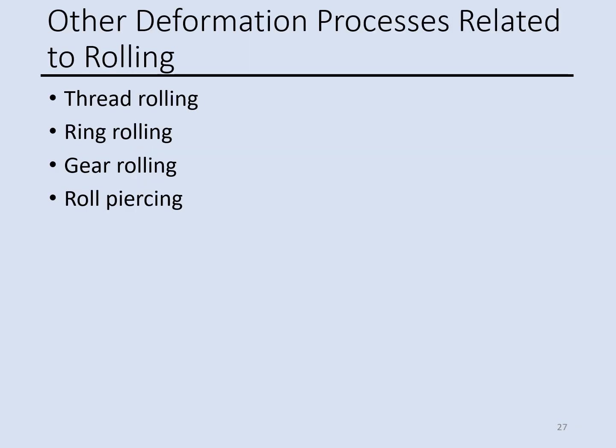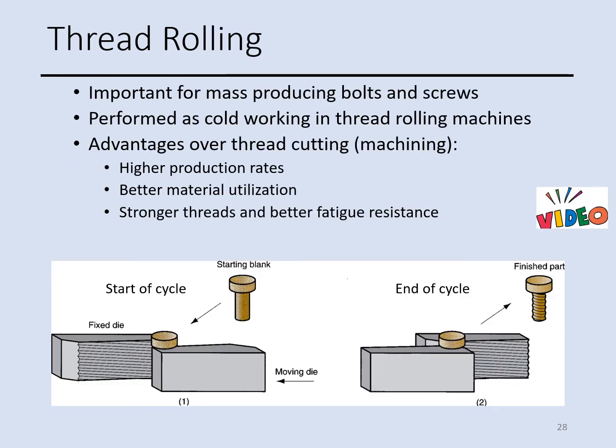We have other deformation processes which are related to the rolling process. They are thread rolling, ring rolling, gear rolling, and roll piercing. Here the first process is thread rolling.